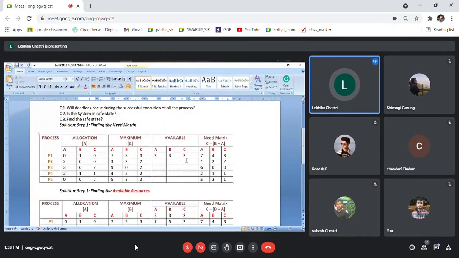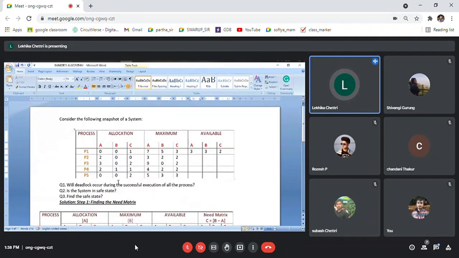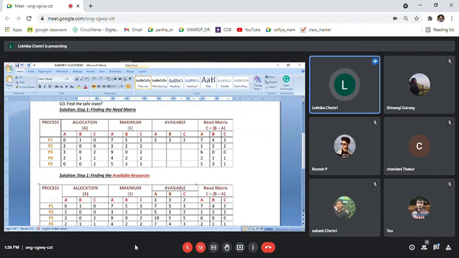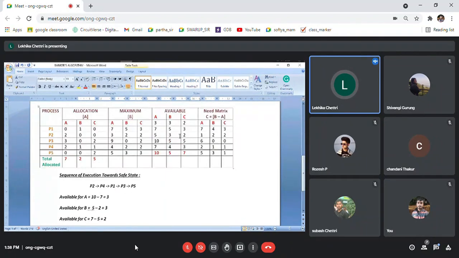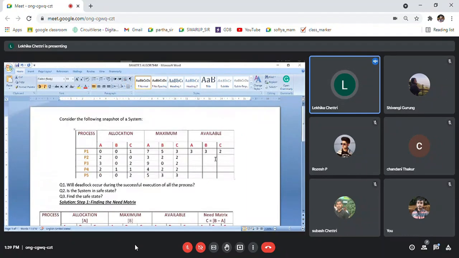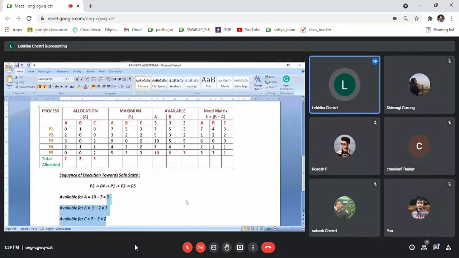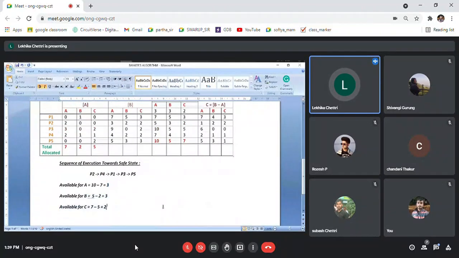So now in total, if it had 10, 5, 7 and it allocated all of these, the available was this one and that was already given in the question, 3, 3, 2. So after we found the total and performed the minus of allocated, we found these were available now, 3, 3, 2. Yes, it's correct because in the question it's already given. So these are the 2 ways you can check your answer if it is correct or not.